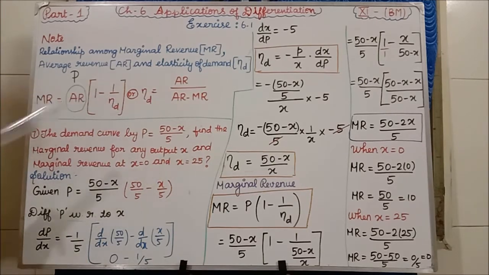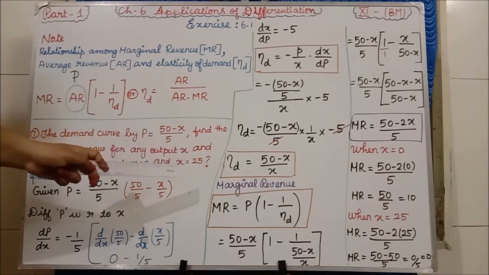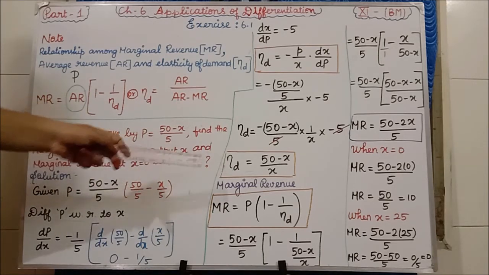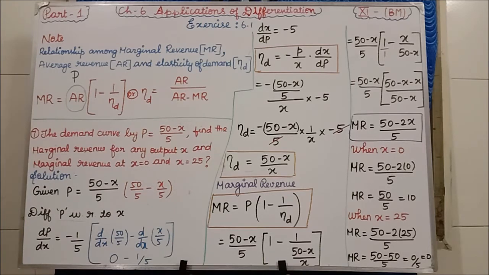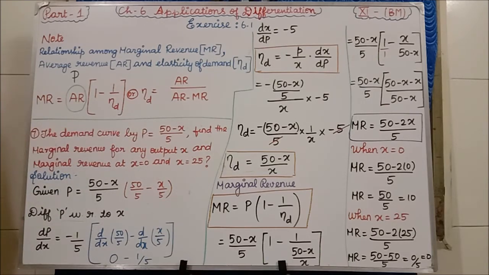Find the marginal revenue for any output x and also find the marginal revenue at x equal to 0 and x equal to 25. We have to find the value. Clear? First they have given the demand curve, the price, which means we have to find elasticity of demand first.